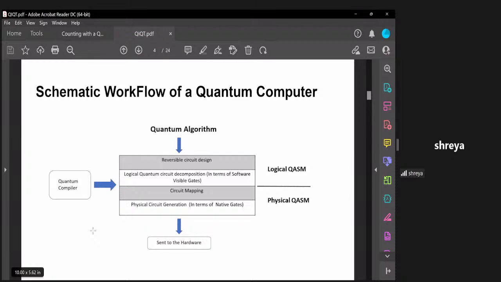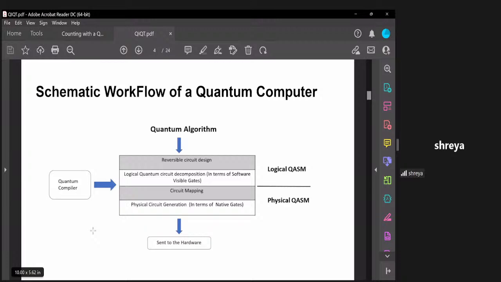The gates there, such as the CX gate, the CR gate, the control rotation gate, or the controlled Z gate, or maybe the single qubit gates, are not the gates that the actual hardware implements. The actual hardware implements some pulses that are designed according to the gate that you instruct the computer to use. So that is the logical circuit decomposition.